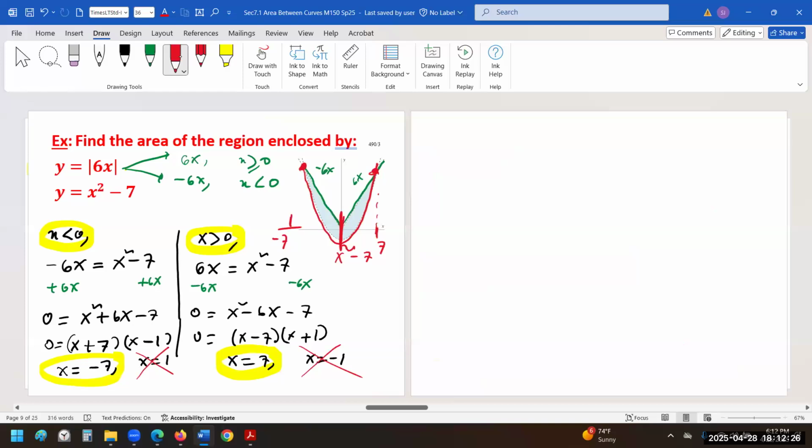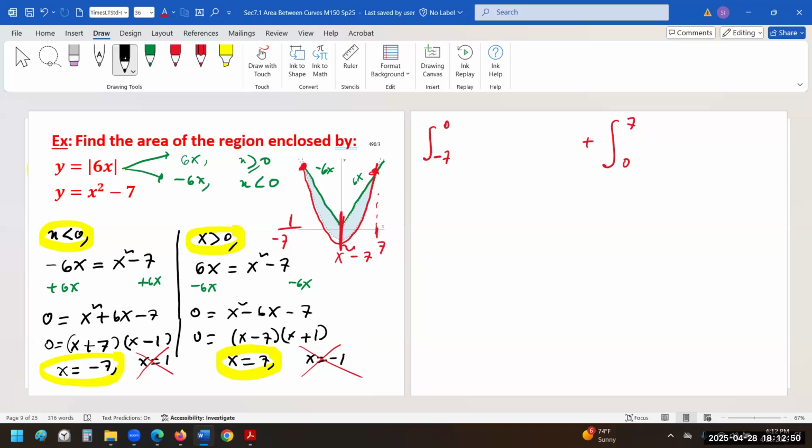So we have two intervals, from -7 to 0, and then from 0 to +7. What do we write for the interval -7 to 0, the left side?